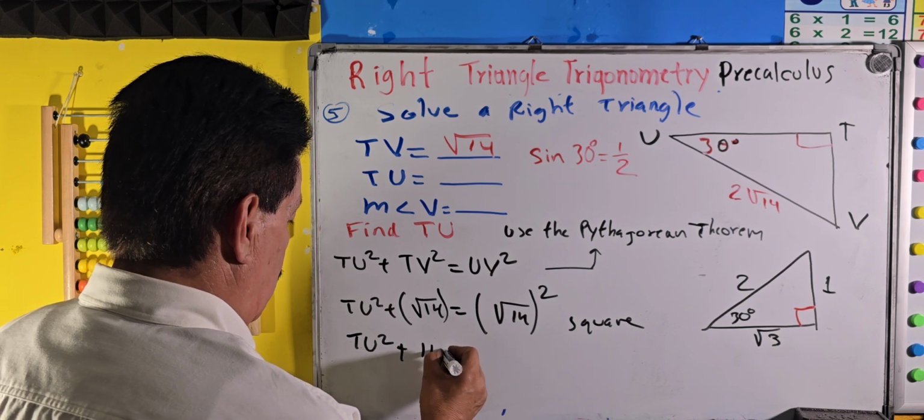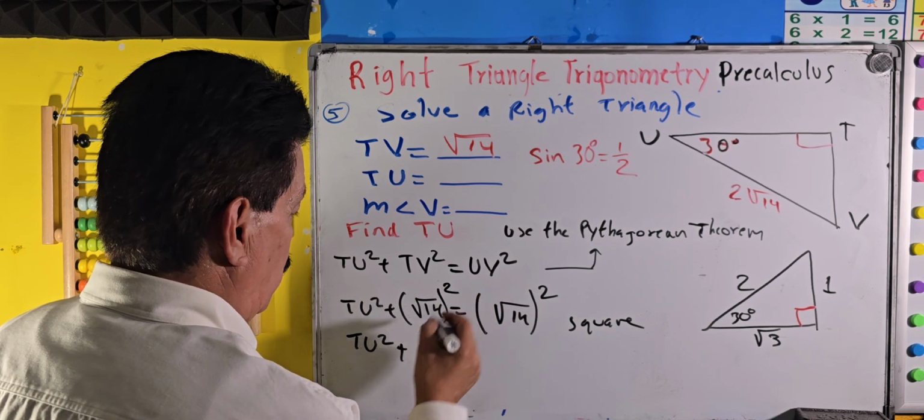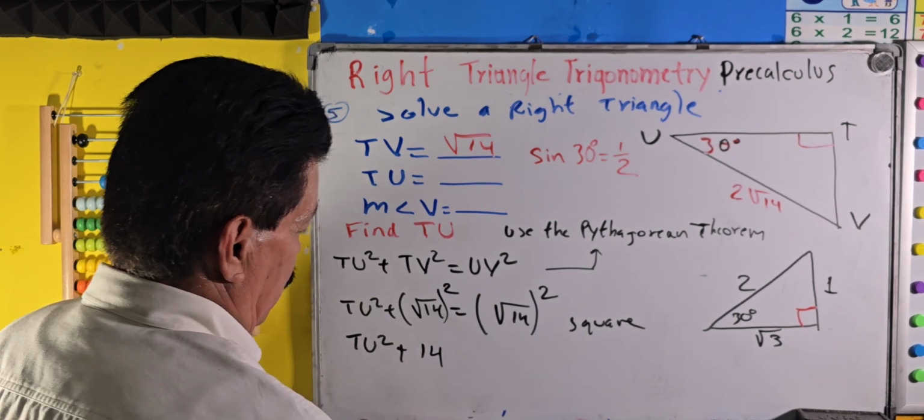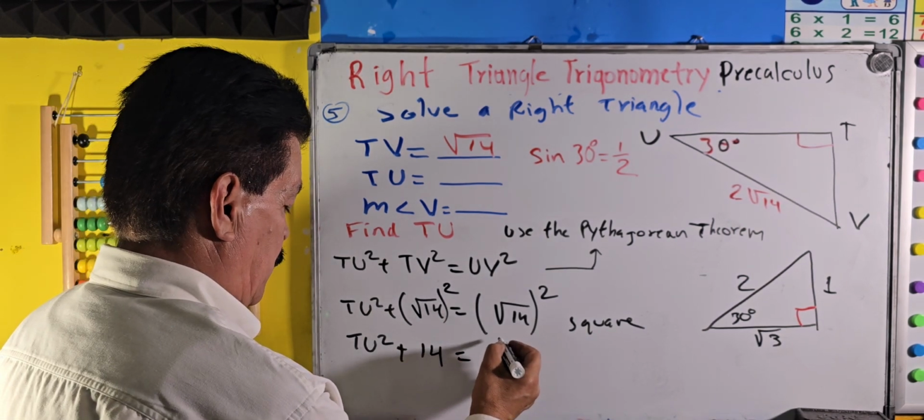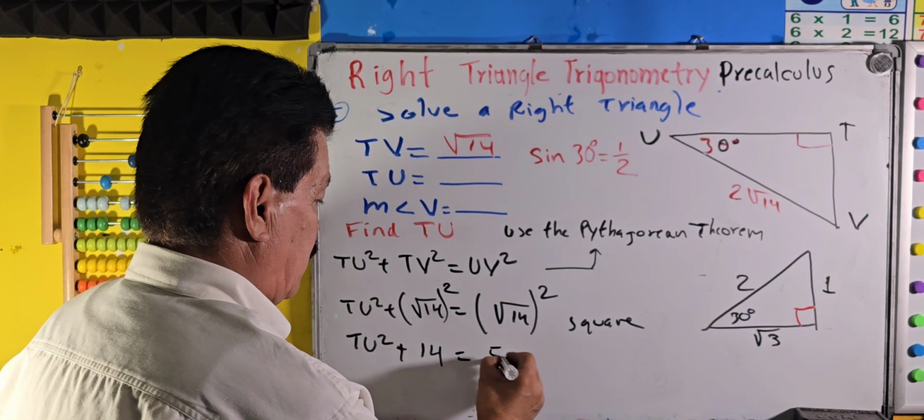This equals 14. When we square, just take it out of the square root, right? This equals 56.